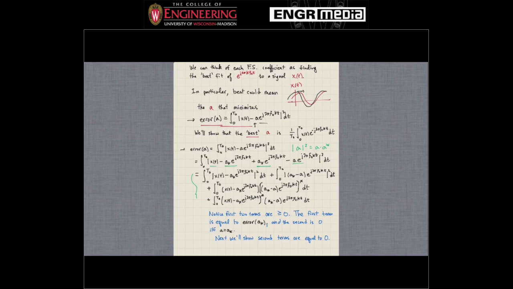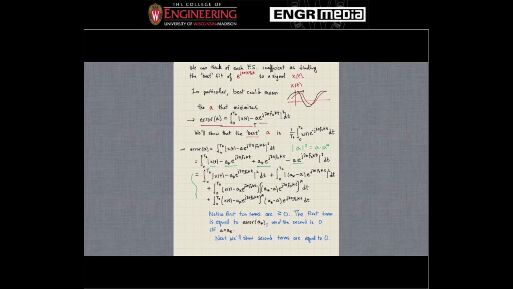And that's true for the first and the second term. In particular, the first term is actually equal to the error if we set A to be a_k. That's the way we've defined this. This is exactly equal to the error of a_k.